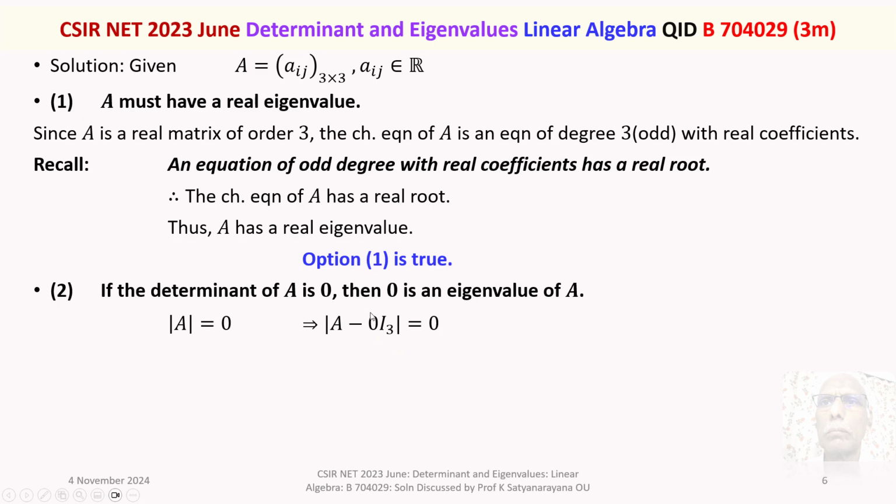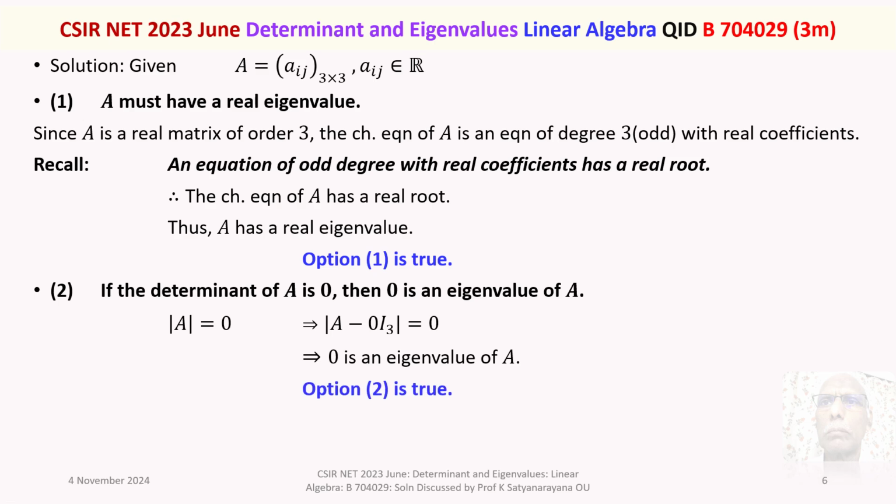That means 0 is an eigenvalue of A. That is, if A is a singular matrix, then 0 is an eigenvalue of A. Thus, option 2 is also true.